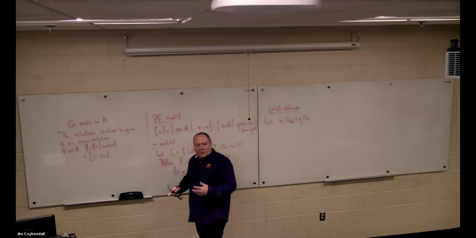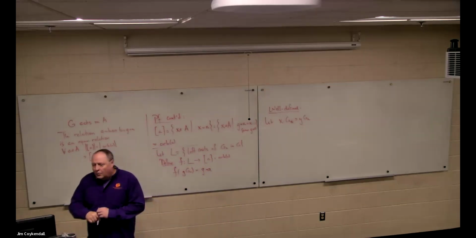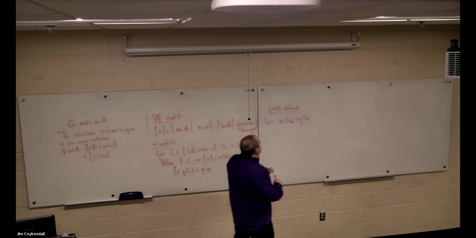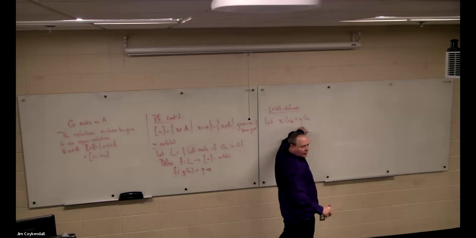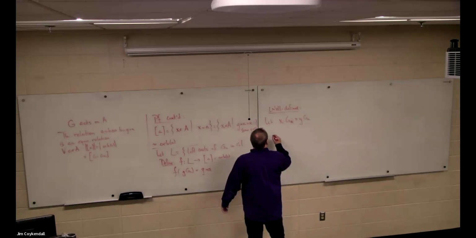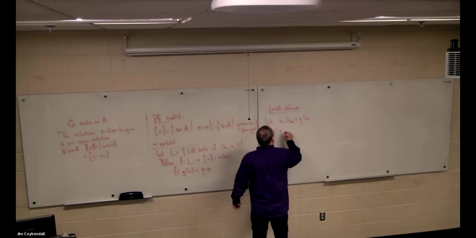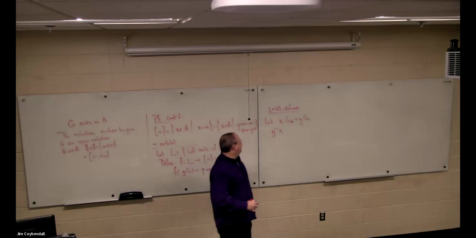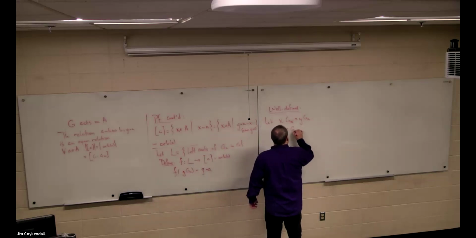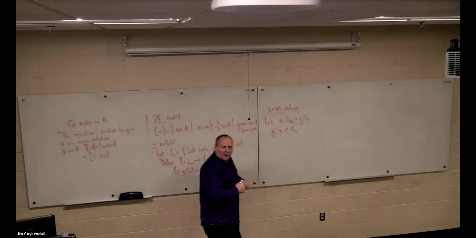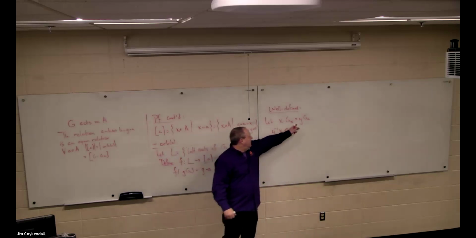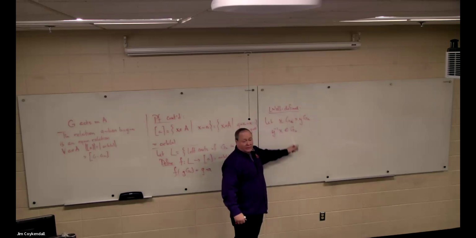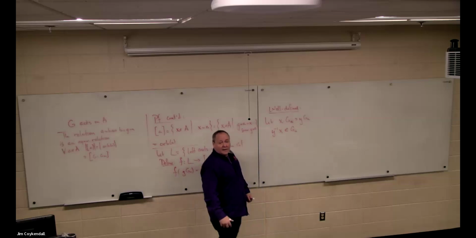So suppose that we have two possibly different representatives of the same equivalence class. What does this mean? These two cosets are the same. This means that y inverse x is what? It's in G_A. Right? That's what it means for these two cosets to be the same: if and only if y inverse x is in G_A. Right? Yes. Sorry, never mind.